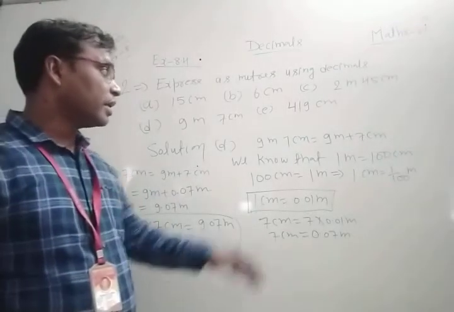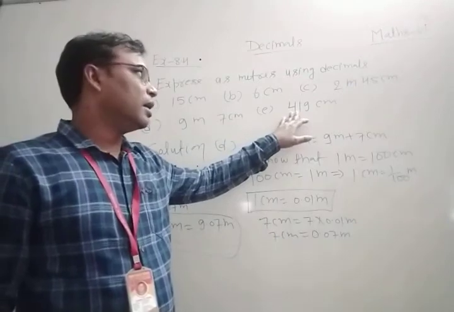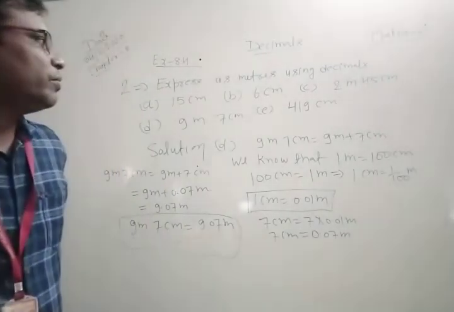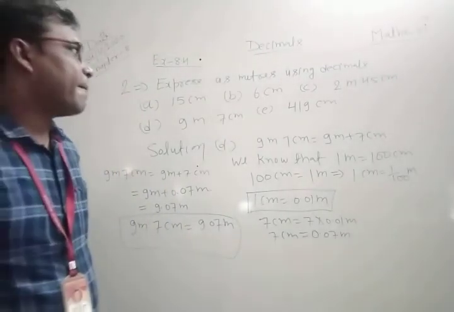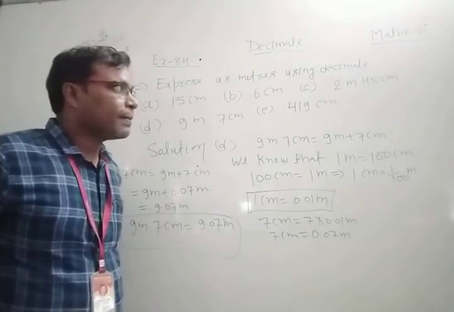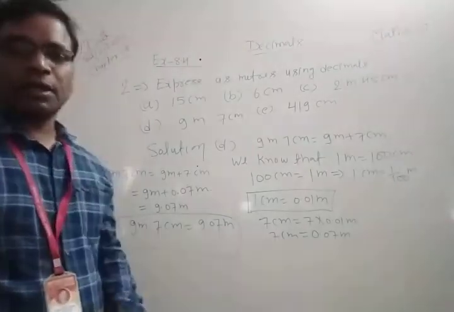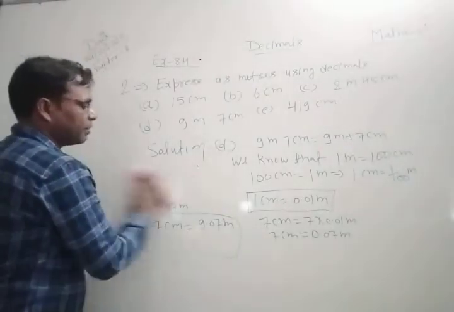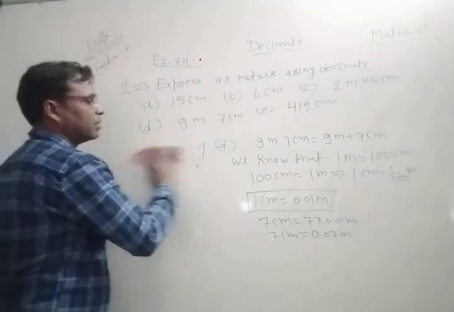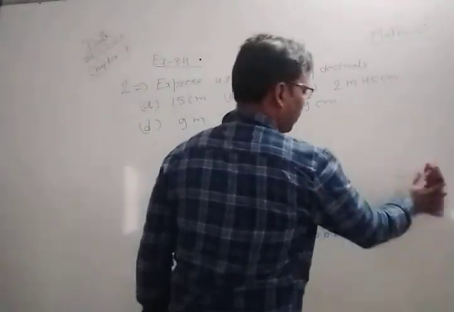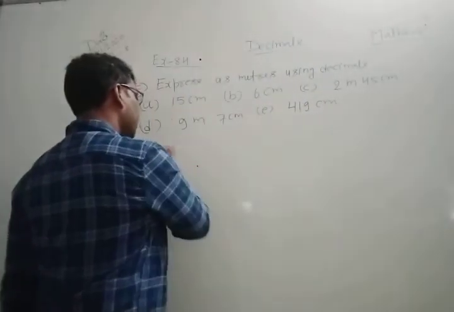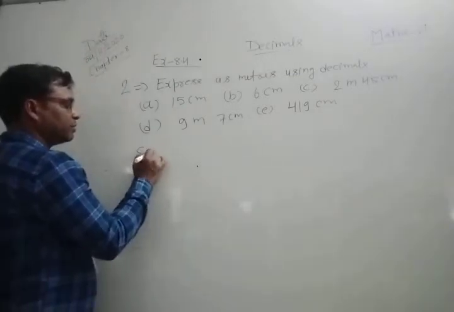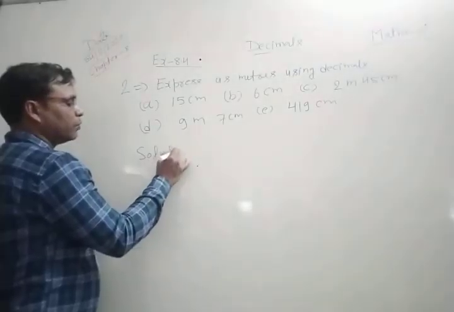Now the last part of this question is the E part. We need to express 419 centimeters as a meter using decimals. So let's see how can we express 419 centimeter as a meter using decimal. Okay, so here this is given 419 centimeter, and this is the E part solution of question number 2.